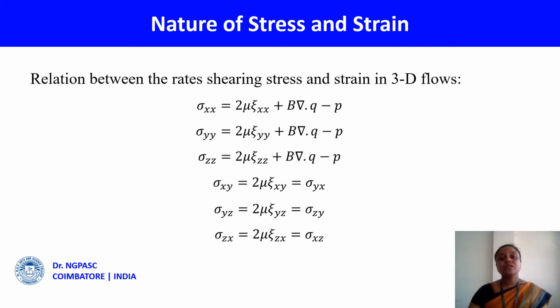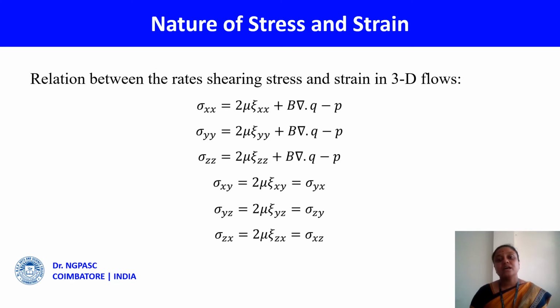Based on the above nature, we have obtained the relation between the shearing stress and strain in three-dimensional flows, given by these equations. Since we have 9 stress components, due to the symmetries we have only 6 components.